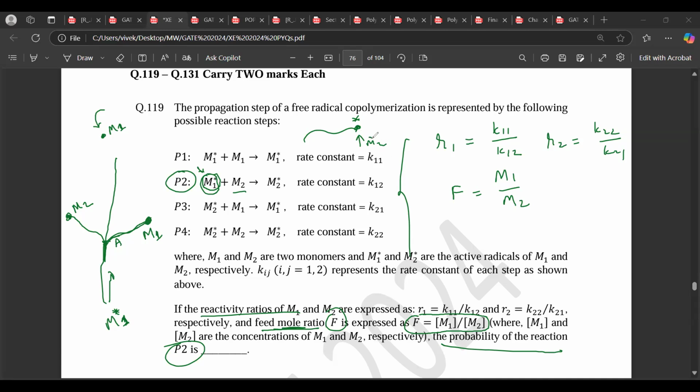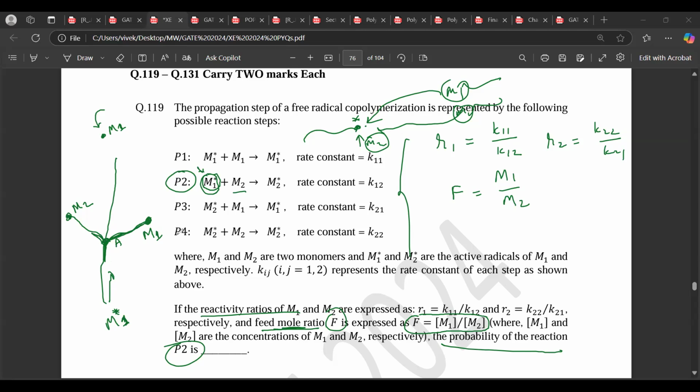So the movement of M1 and M2 is not restricted, not biased, right? They are free to diffuse. So the probability of M1 being present here is 50%, and the probability of M2 is 50%. So the diversion is 50-50, right? Your M1 star choosing M1 is 50%, and choosing M2 is 50%. That's a simple idea, right? That's why I have given the half.